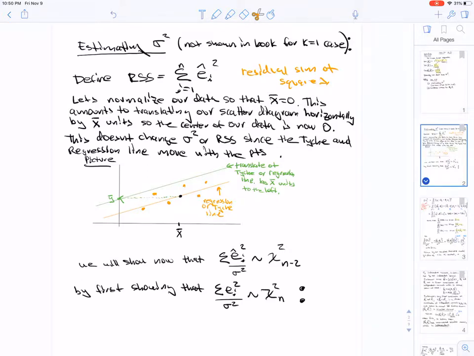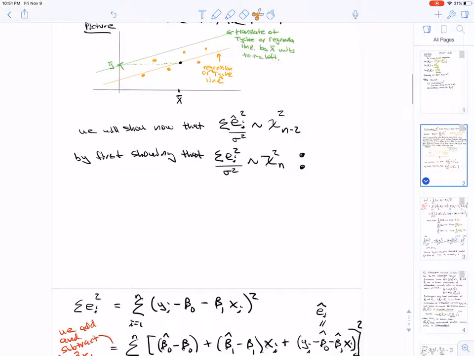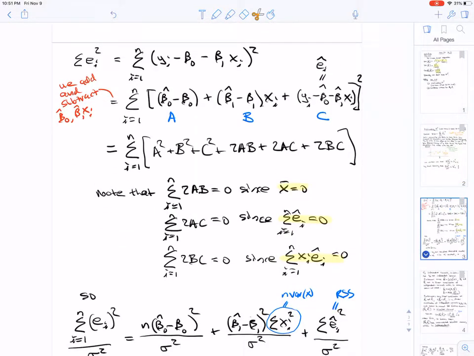So what we're going to do is show that the sum of the residuals squared over sigma squared is a chi squared with n minus 2 degrees of freedom, by first showing that the sum of the squares of the errors over sigma squared is chi squared with n degrees of freedom. So we start off with the sum of the squares.